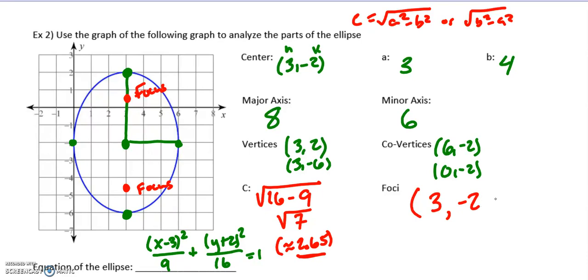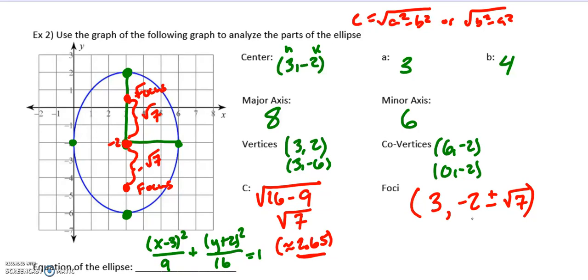So I'm going to come to this -2 and say, okay, I went plus and minus a distance of √7. So from this -2 right here, I went a positive √7, and I also went a negative √7.